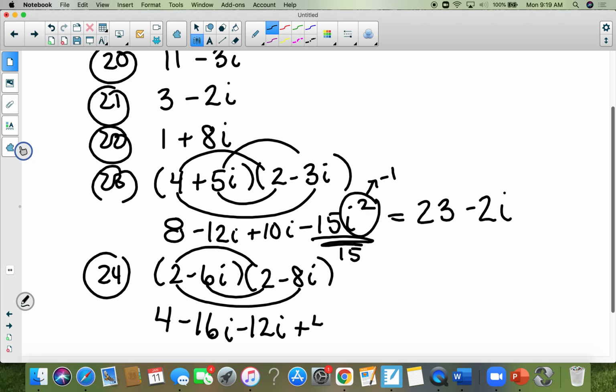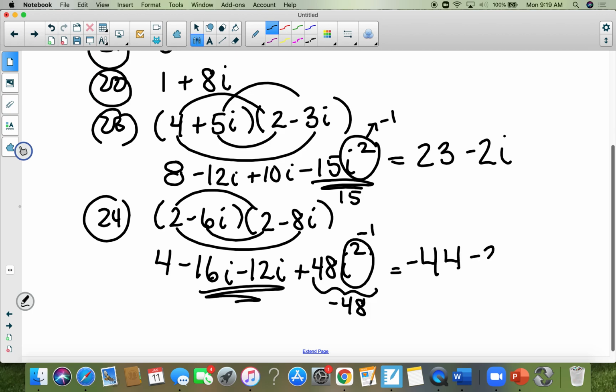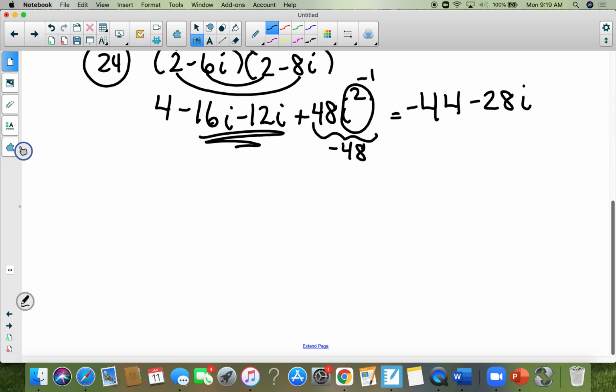A positive 48i squared. This makes a negative 1, so all of this ends up being a negative 48. A negative 48 and 4 makes a negative 44. And we can put these two together to make a negative 28i. Final answer. And 2 more problems.